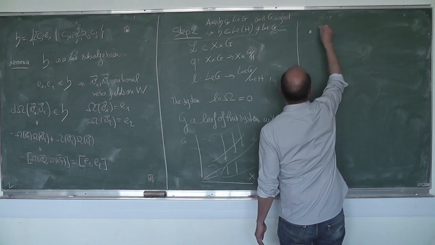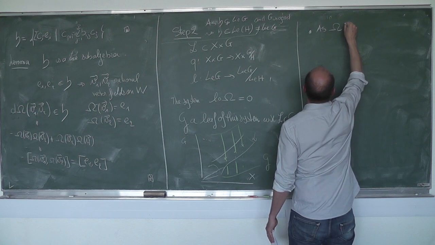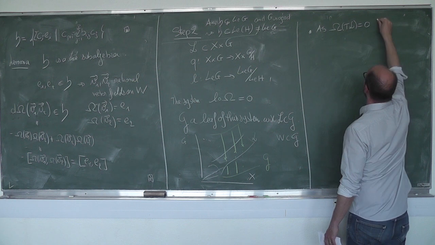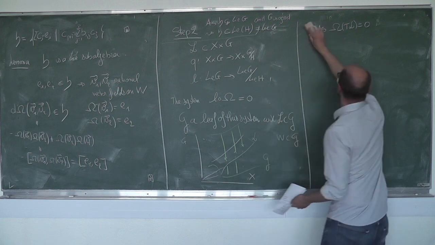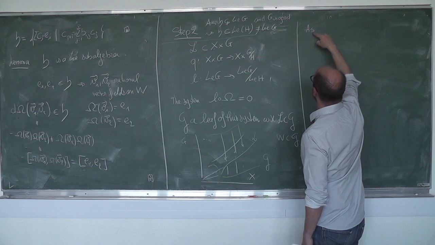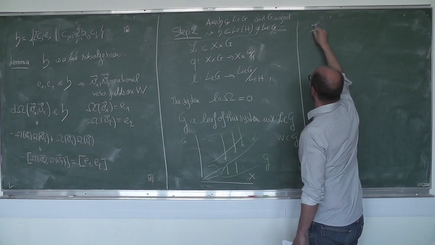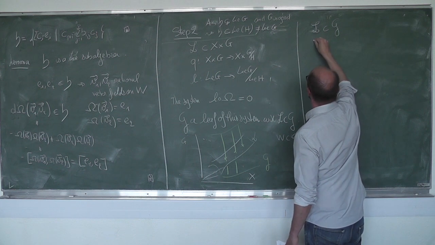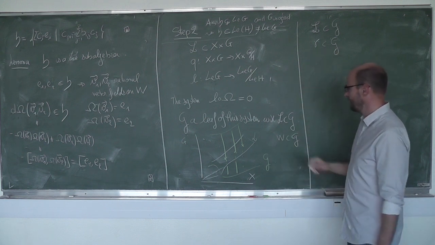So L is included in G. This means that gamma is included in G, in this leaf here.